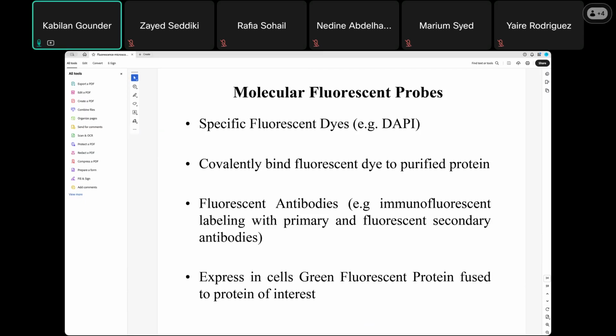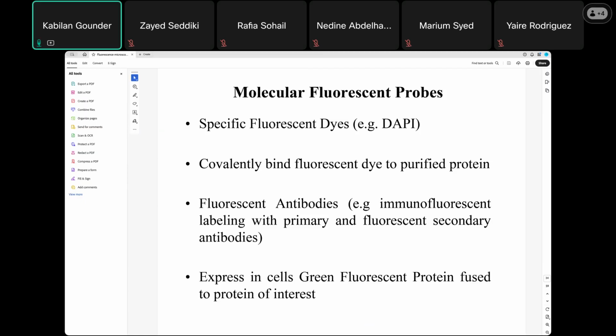Also, you can express in cells green fluorescent protein fused to the protein of your interest. You can tag the protein with green fluorescent protein if you really want to study it, then clone it, express it and purify it, and use that protein for further study of how it is expressed. Also, if you tag the protein, for example with a His tag, you can easily purify the protein using the His tag technique.